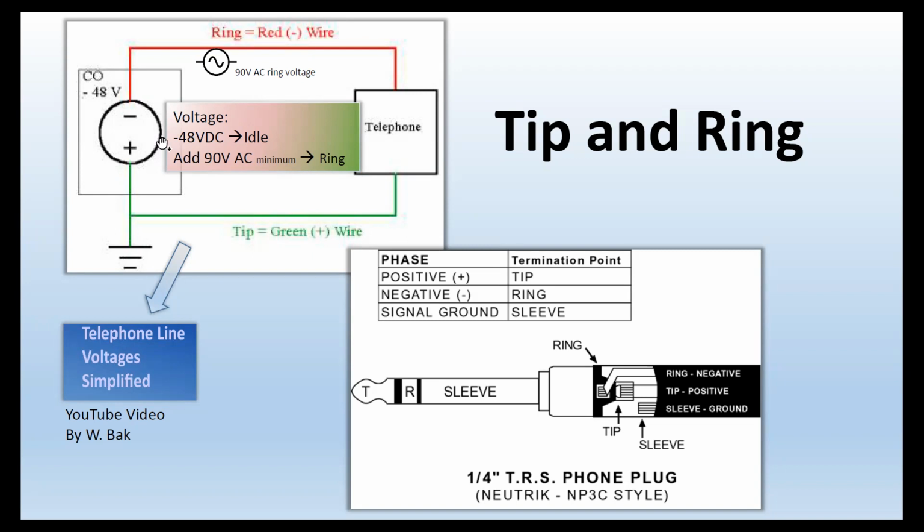That 48 volts is always there even if the power goes down in your building, because that line is independent of the power grid that's supplying the power to your house or office.